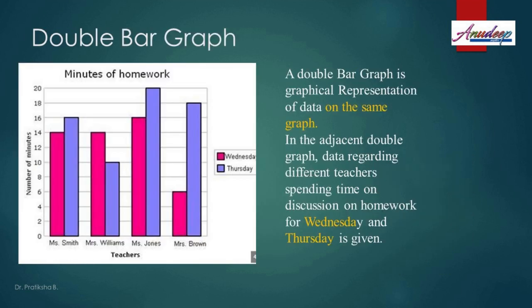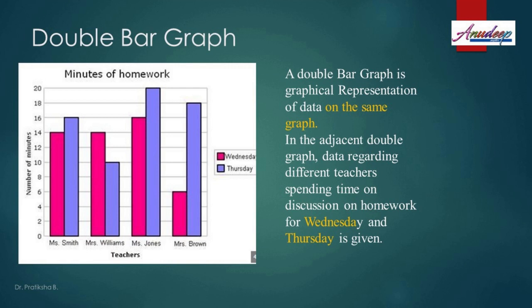Let us understand the double bar graph. On the screen, you see a graph where two bars are plotted for the same category. So a double bar graph is a graphical representation of data on the same graph. In the adjacent double bar graph, data regarding different teachers spending their time on discussion of homework for Wednesday and Thursday is given.